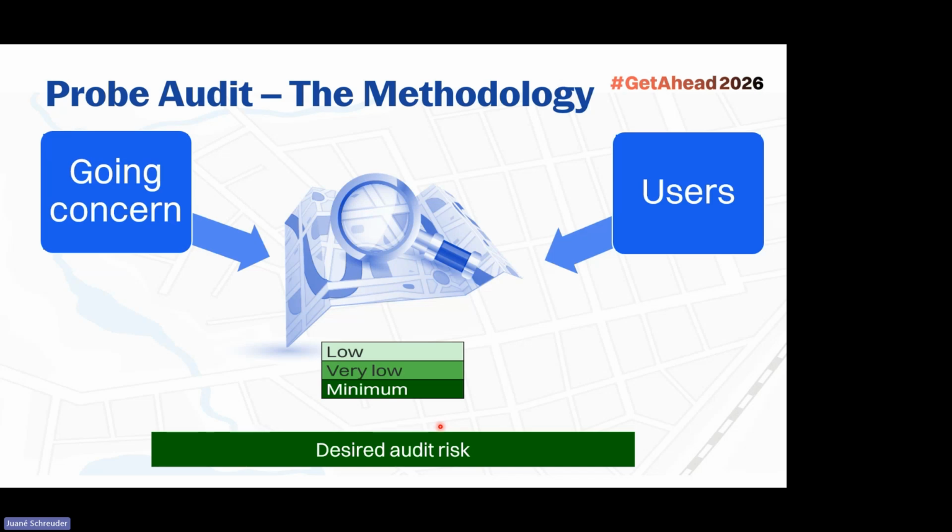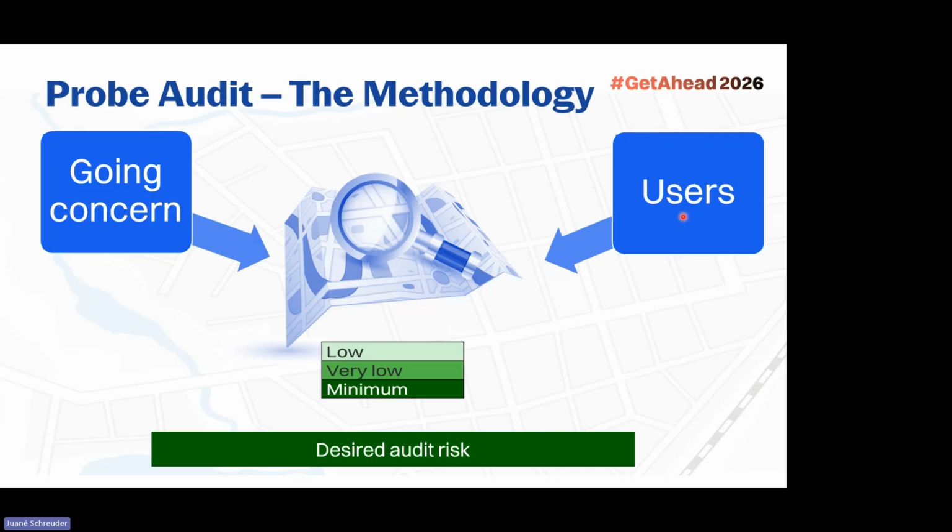In the Probe methodology, we determine that by considering the initial or planning risk of going concern being appropriate, and by looking at whether the external users, so not just any users, are indicating to us that they are specifically going to rely on our opinion. In other words, I almost want to say that we carry more risk by the fact that they want to use or rely on our opinion.